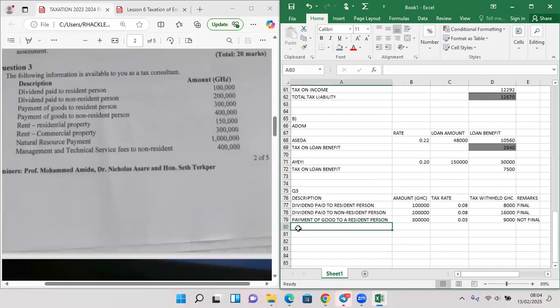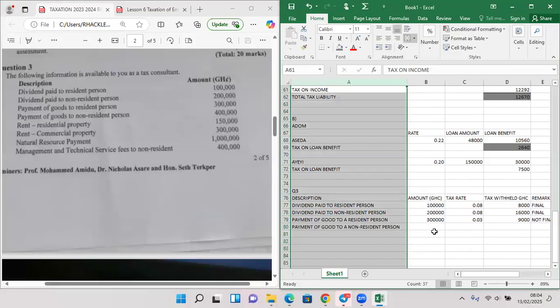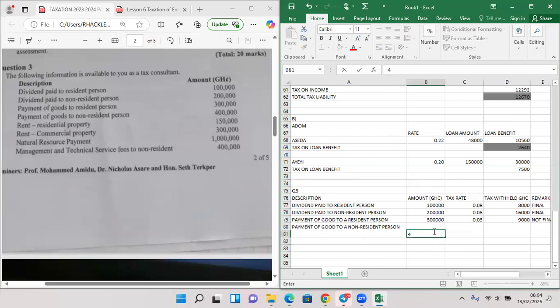Right, so I think I just need to be putting the amount and the rate. So payment of goods to a non-resident person is 400,000. Then it is at the rate of 20%.